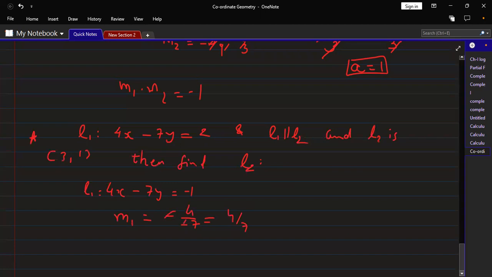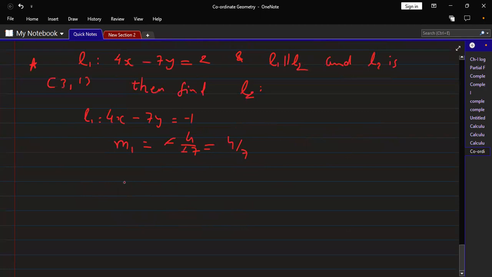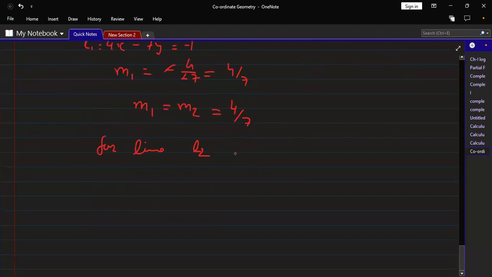Okay. Now M1 is 4 by 7. We know that M1 equals to M2 if and only if L1 is parallel to L2. So we have L1 is parallel to L2, then M1 equals to M2. So M2 will be 4 by 7. So now for the line L2, M2 equals to what?